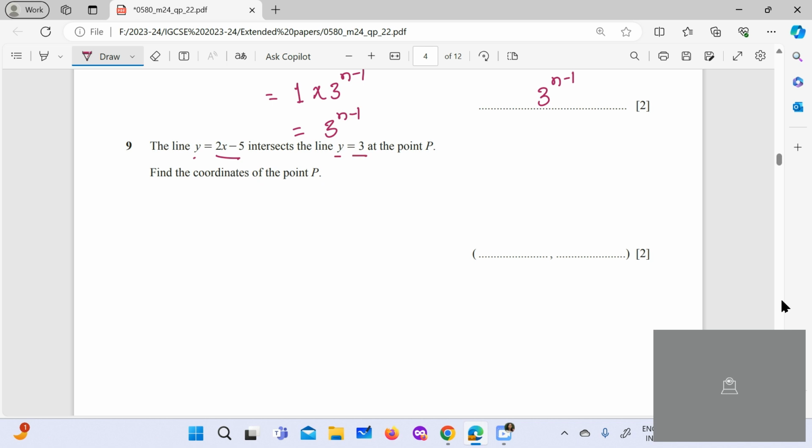Both are y, so we can equate them. 2x minus 5 equals 3, and they intersect at a common point, so we can get that here. So 2x is equal to 3 plus 5, that will be 8, and x is equal to 8 over 2, that is 4. Already it is given y is 3, we got the value of x, so your coordinates are 4 and 3. I hope this is clear.